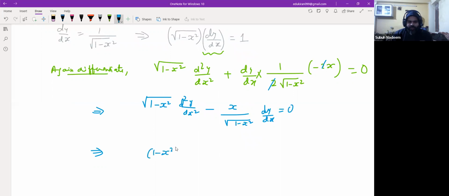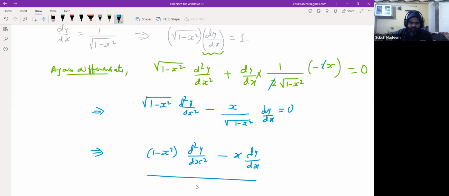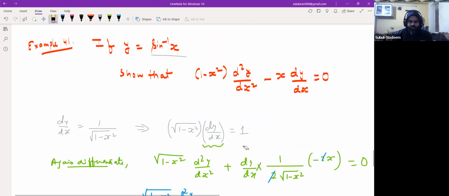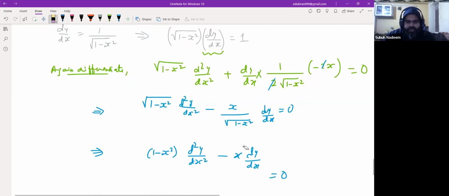This will become 1 minus x square d2y by dx square minus x dy by dx, and the root over 1 minus x square, which is in the denominator now, will multiply with 0 on the right hand side and vanish. So this is what we have to prove: 1 minus x square d2y by dx square minus x dy by dx is equal to 0. Let us write it above.